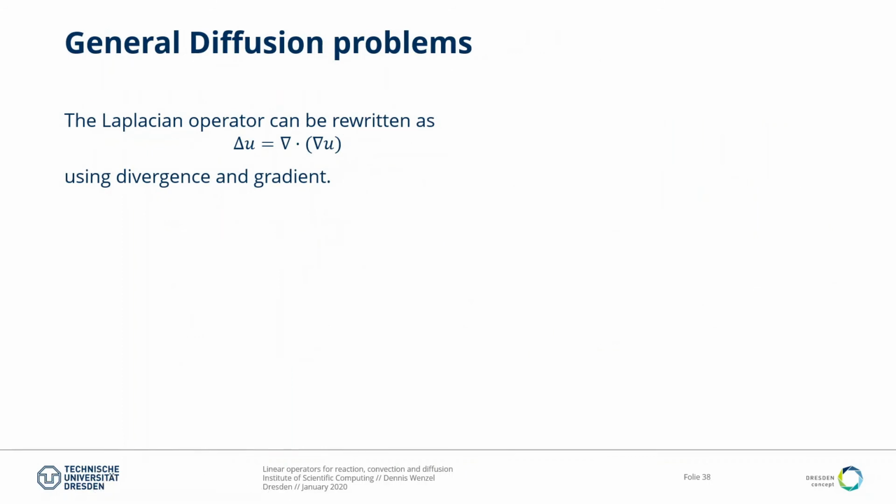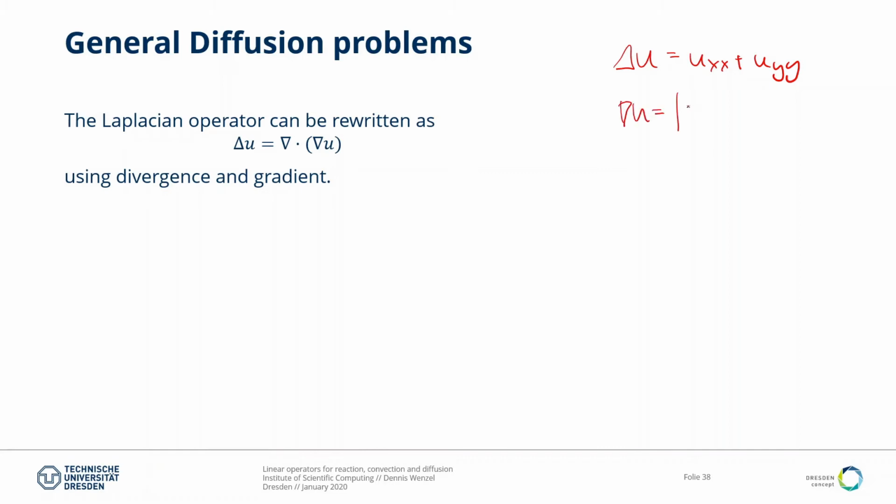So now, to make it a bit more general, I'm going one step further. The Laplacian operator, which is just the Laplacian of u in 2D, is uxx plus uyy. And that can also be rewritten as the divergence of the gradient of u, which is kind of trivial if you think about that.